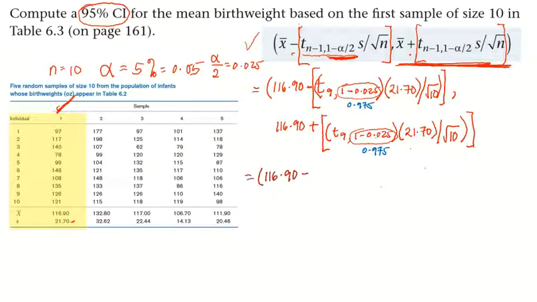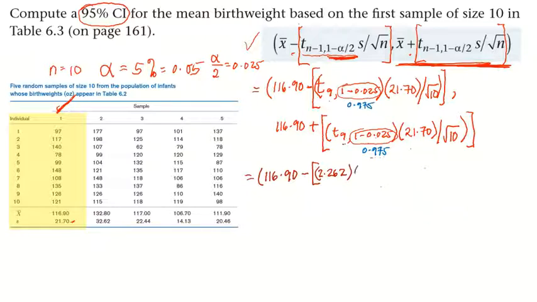minus. So you now need to go to the T distribution table. I think that's in table 5 at the appendix of the book. What is the equivalent value of the T distribution with 9 degrees of freedom and 0.975 percentile? Okay, if you go to the back of the book, at the appendix, you will find out that that's actually 2.262. Okay, so that's the value of that T distribution.